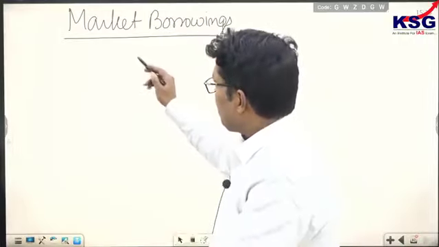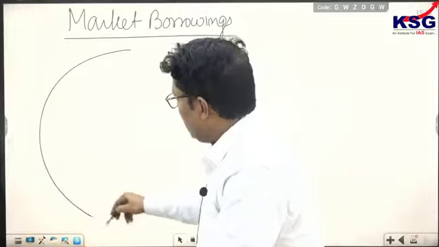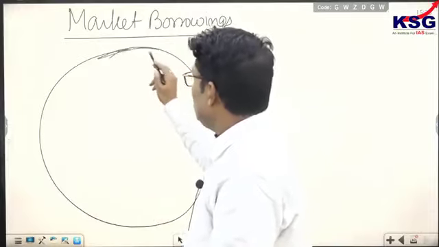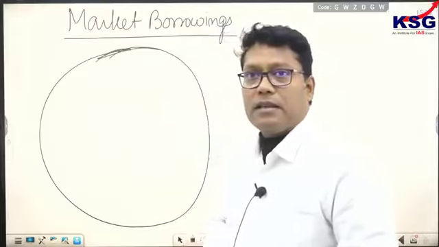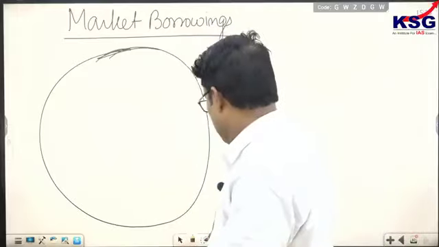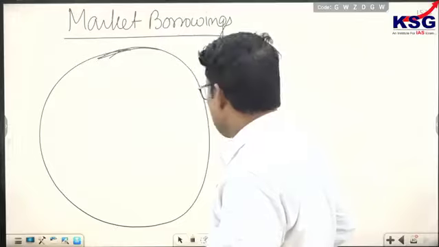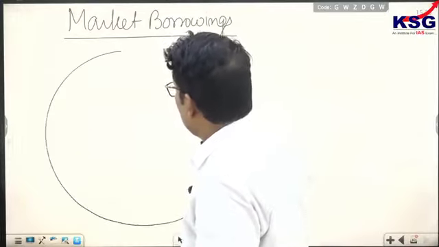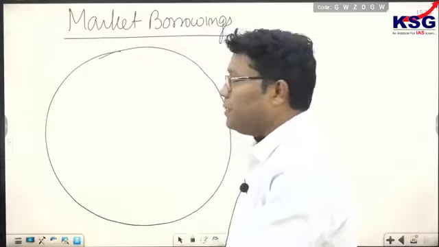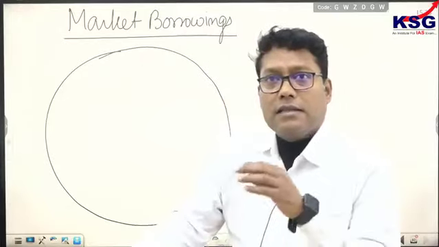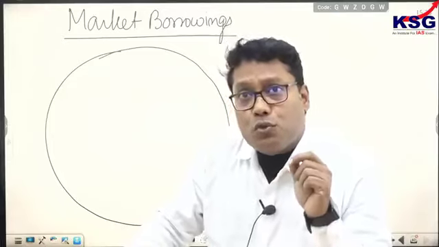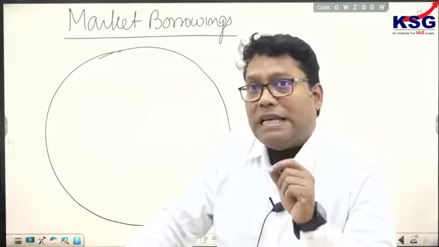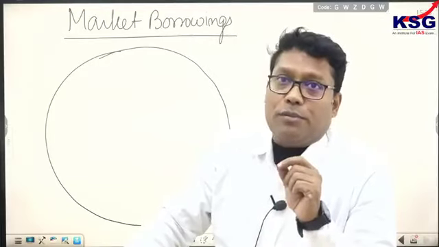So just think, suppose this is the economy, and this circle represents the total fund available for lending purposes in the whole banking system or in the whole economy.